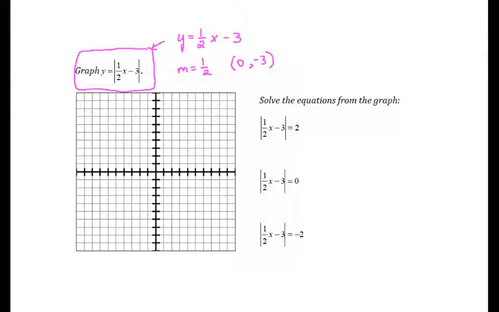I have a y-intercept of negative 3, and my slope of positive 1/2 means every time I go right 2, I'll go up 1. So this gets me several points on the line, and I'll go ahead now and connect those points, and a little bit in this other direction as well.